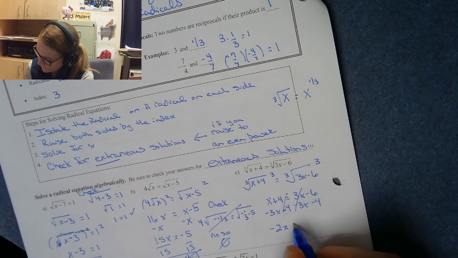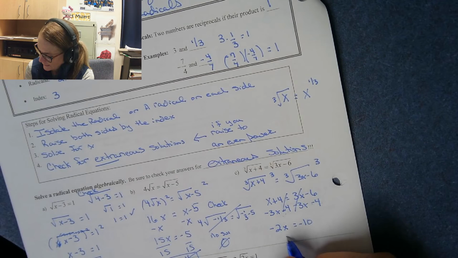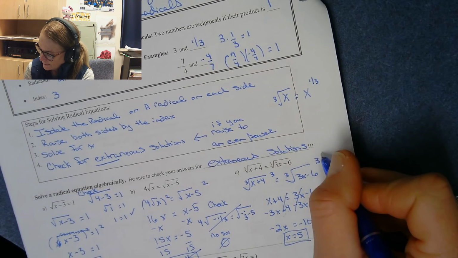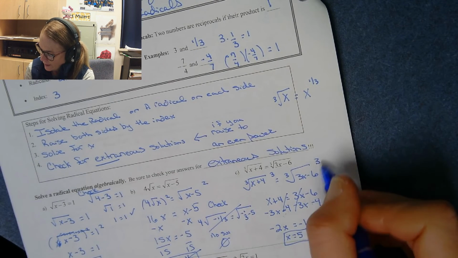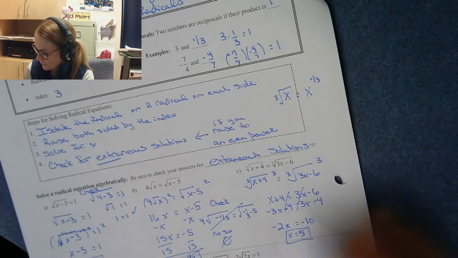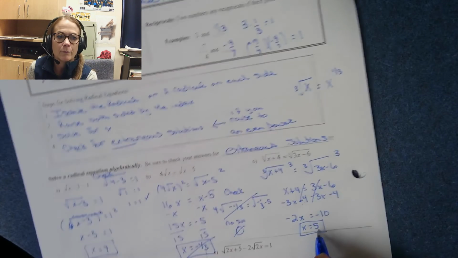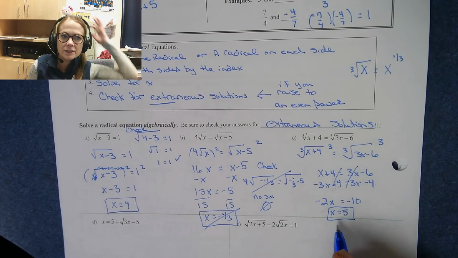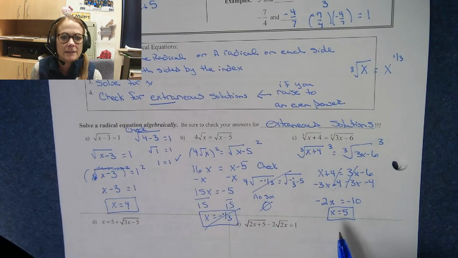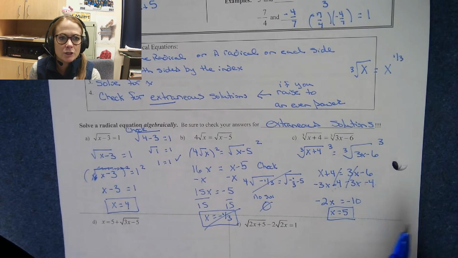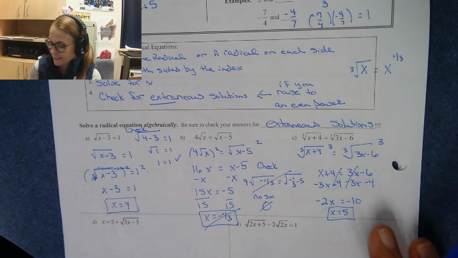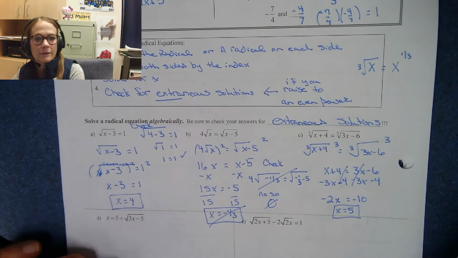I get negative 2x equals negative 10, and x is equal to 5. This check is if you raise to an even power. I raised this to an odd power, so I don't have to check this one. The checking is not part of the process. You could always check just because it feels good to see a good result, but it's not mandatory on letter C.